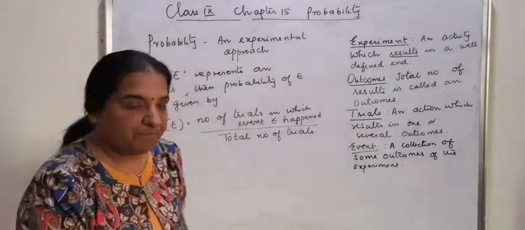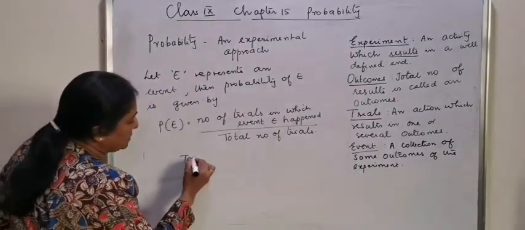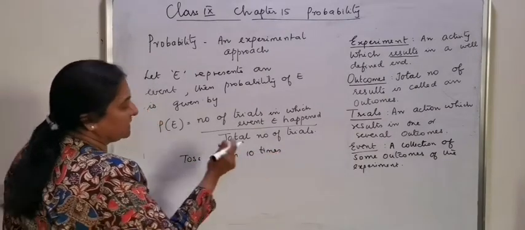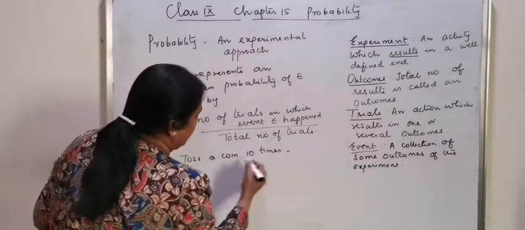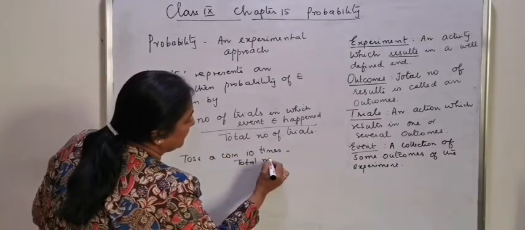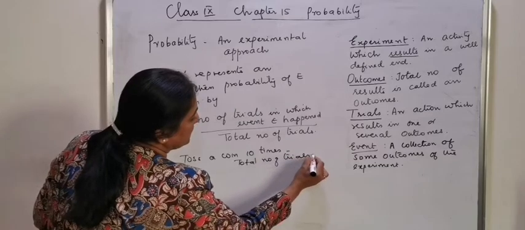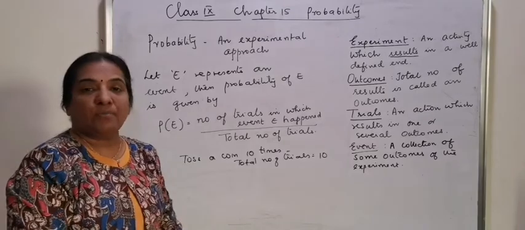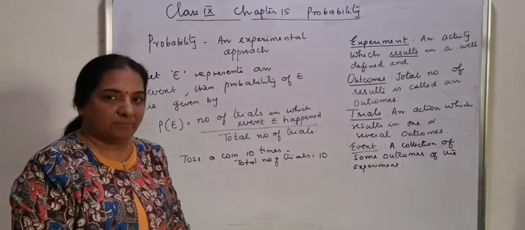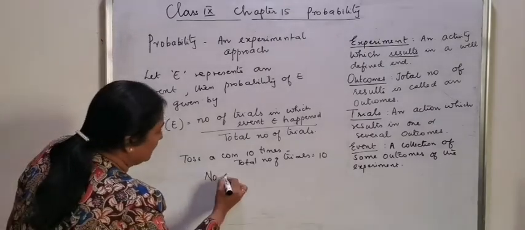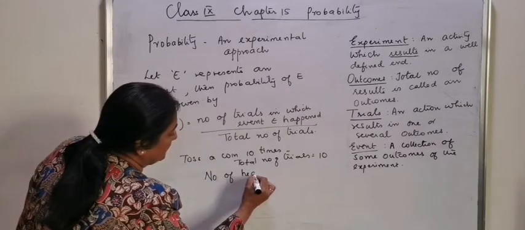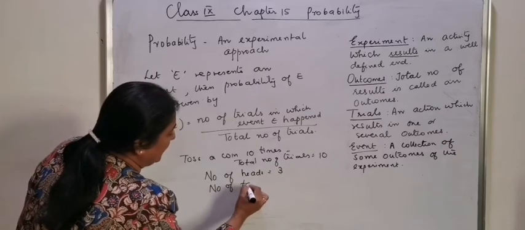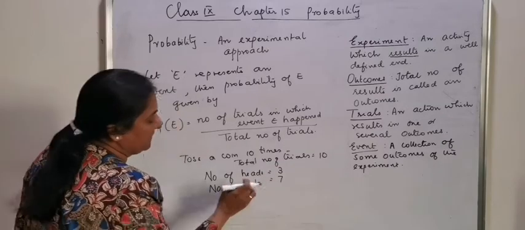As an example, you are asked to toss a coin 10 times. That is the total number of trials. Here the total number of trials is equal to 10. Now the particular event is how many times head turned up. Let's say number of heads is equal to 3 and number of tails equal to 7.